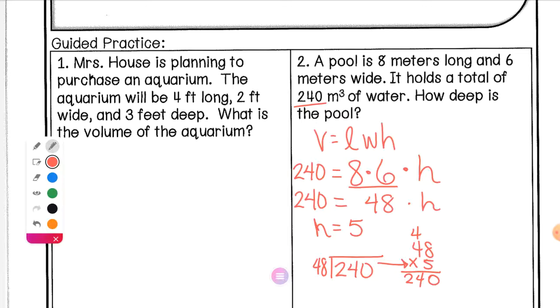So the pool is 5 meters deep. That's deep. That's over 15 feet. So that's why with formulas, rewrite, substitute, solve. Because then it doesn't matter which variable we're looking for, we can figure it out.